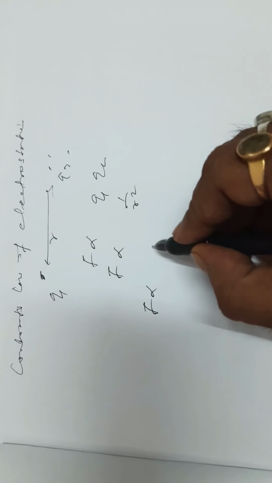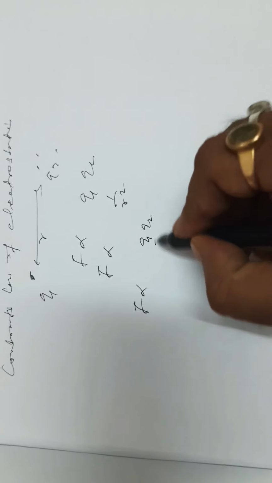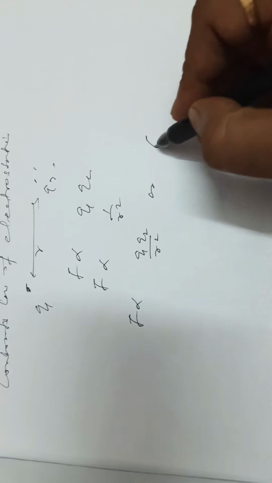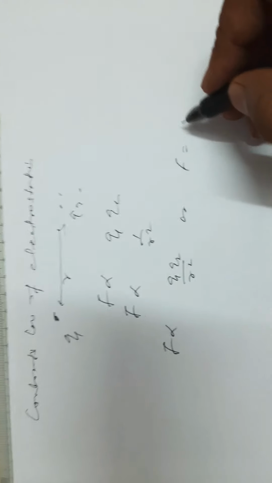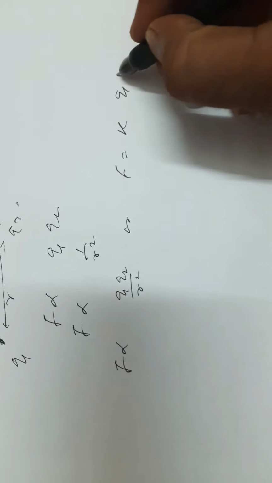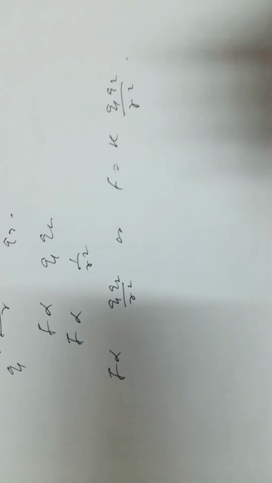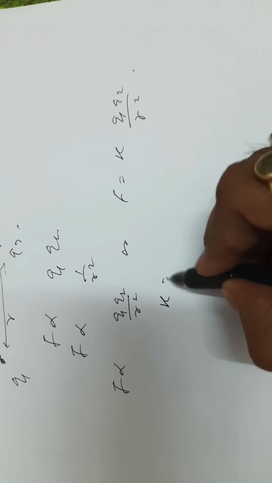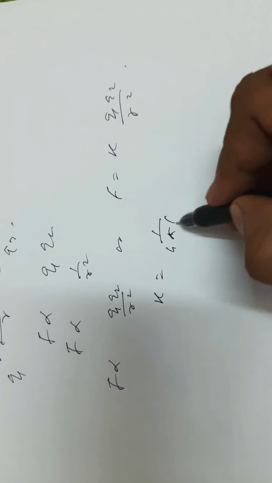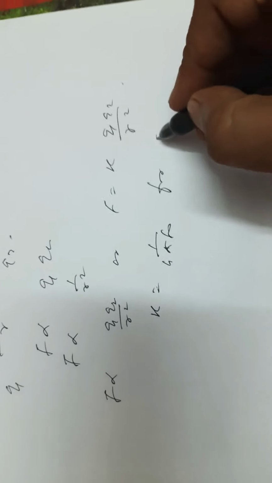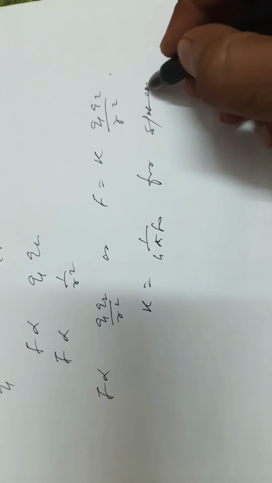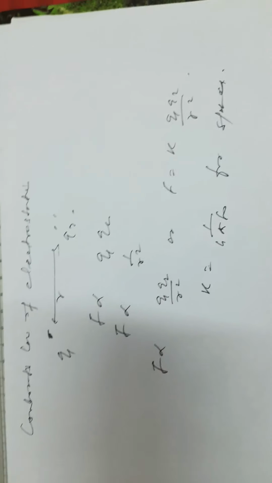Combining these two, we have Q1 Q2 by r square, or F is equal to K Q1 Q2 by r square. The value of K is 1 by 4 pi epsilon naught for free space.